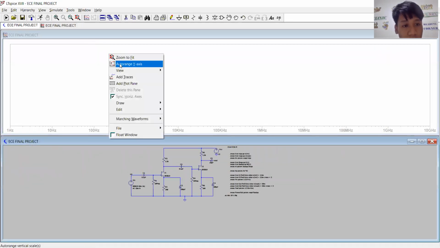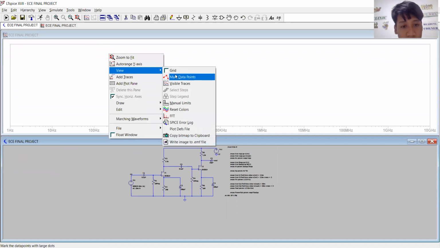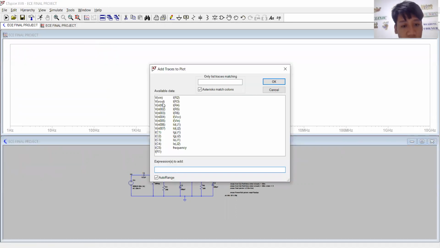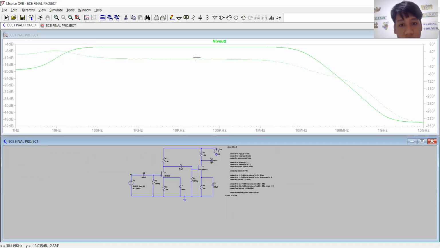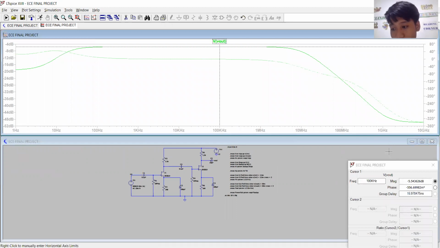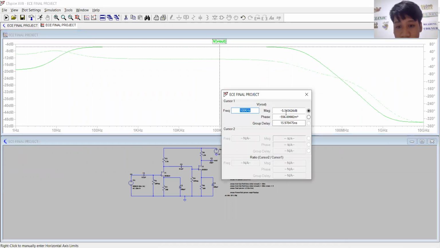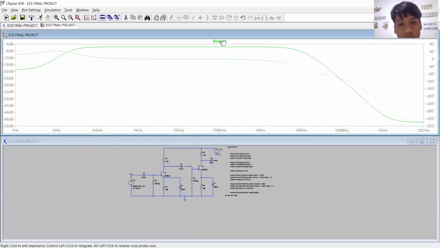And then, to find the max dB, we will trace the V out. The V out will result like this, and then if you click, this will be the magnitude. The magnitude here is negative 5.43626 decibels. This is the maximum dB here.